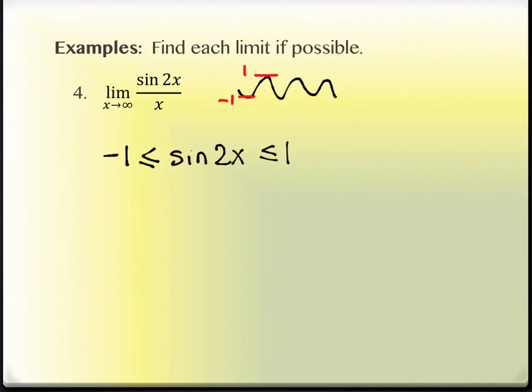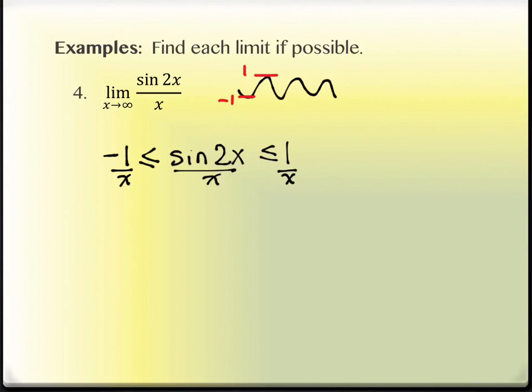As long as my x value is positive, which it is because x is approaching infinity, it's equally true for me to divide each of these by x. So now I have closer to what's inside of my limit: -1 over x is less than or equal to sine 2x over x, which is less than or equal to 1 over x.